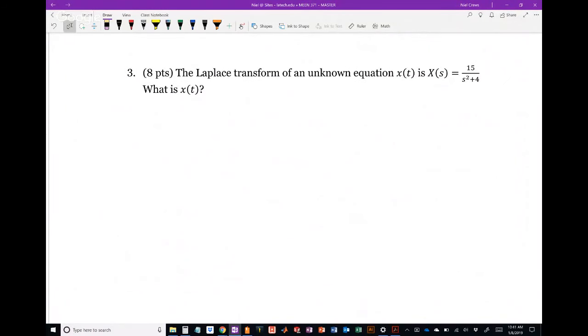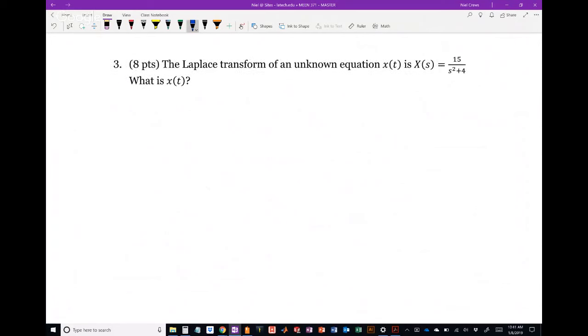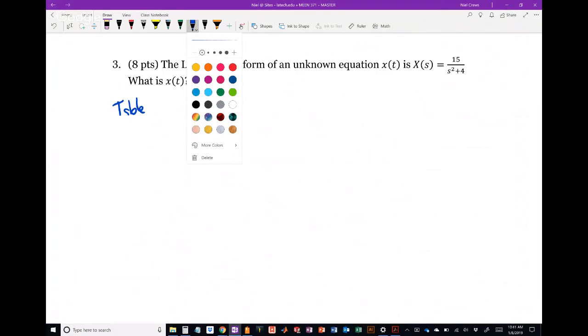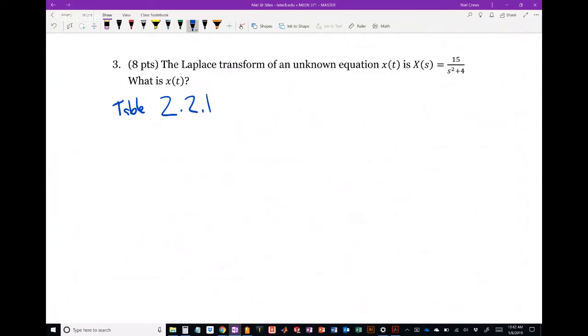What is the Laplace transform here for this particular equation? This is pretty straightforward. Looking at the table, I'll show you this table. Table 2.2.1.